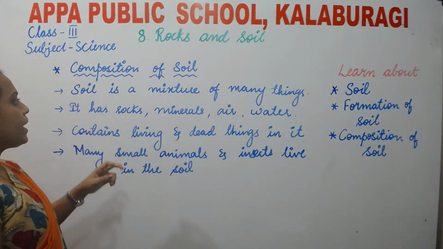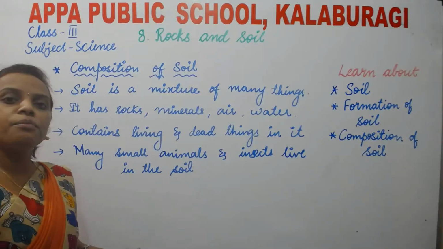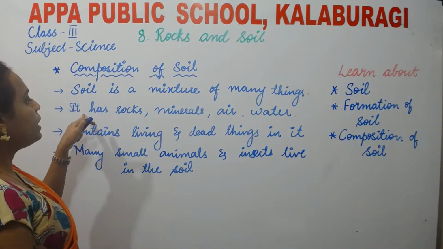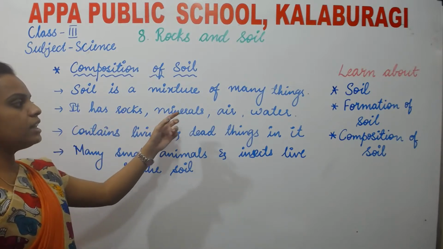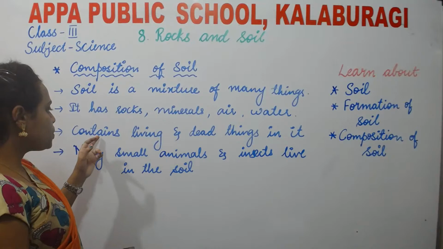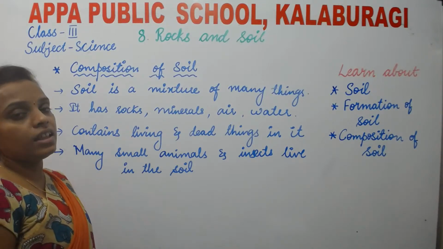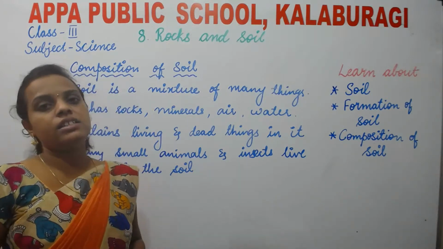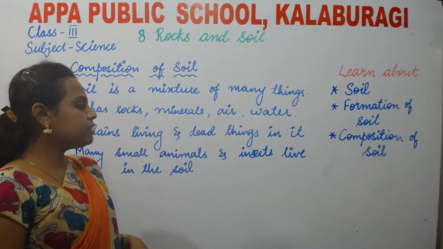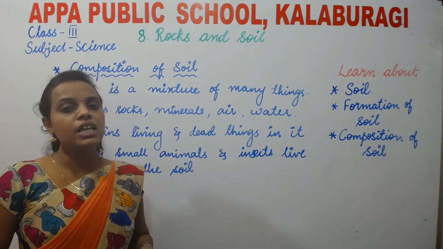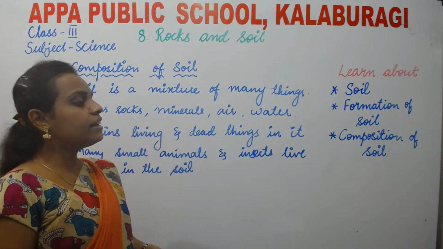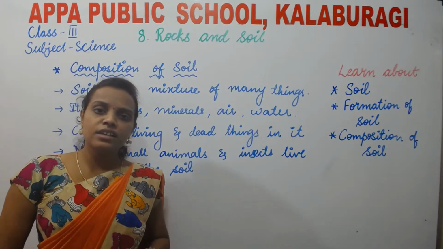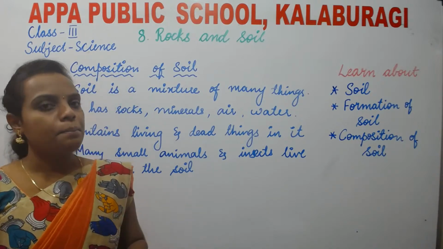So, composition of soil. Soil is a mixture of many things. It has rocks, minerals, air, water. It also contains living as well as dead things, which are called organic matter.